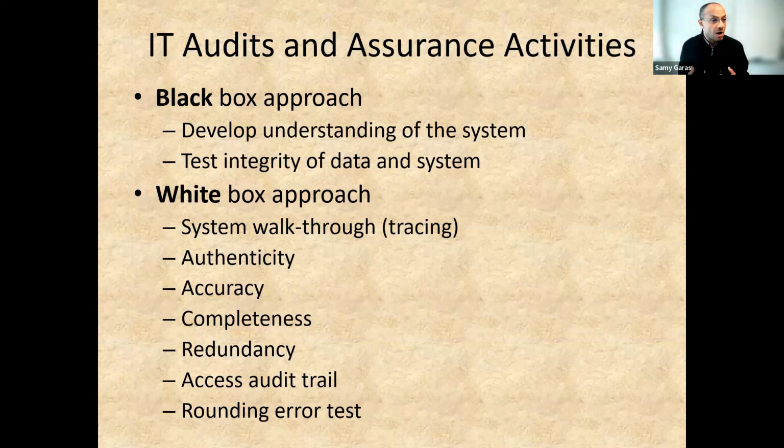The white box means we appreciate the control, but we check the authenticity. It means who authenticates the transactions to be entered. How accurate is the information? Is the data entered from the journal posted to the ledger, trial balance, and financial statement? This we call completeness.